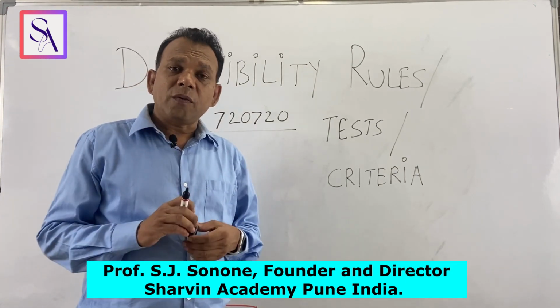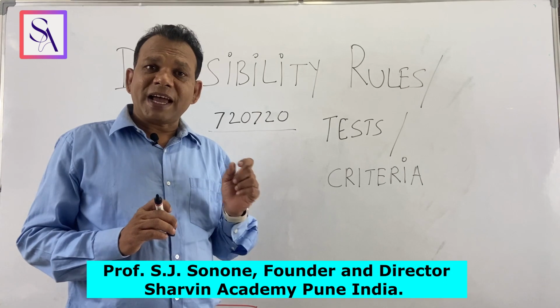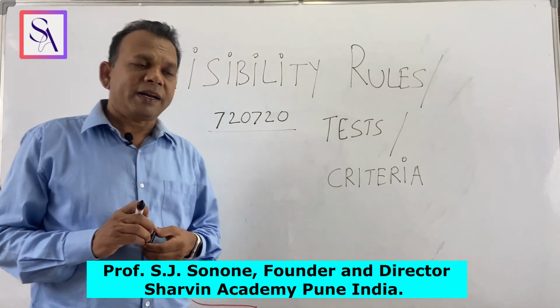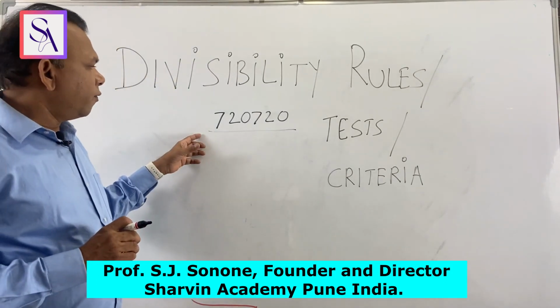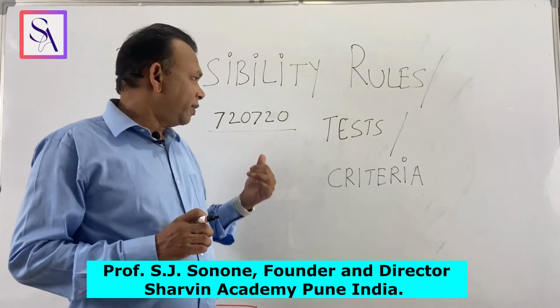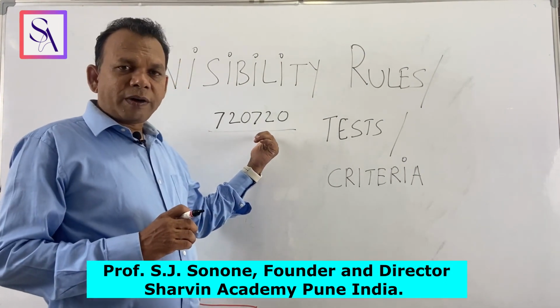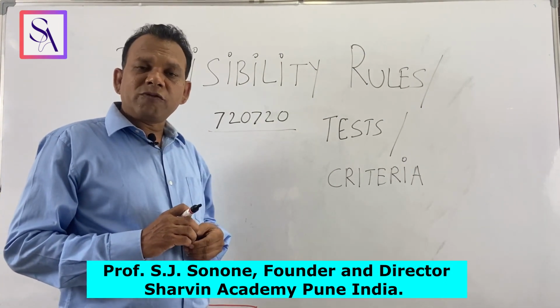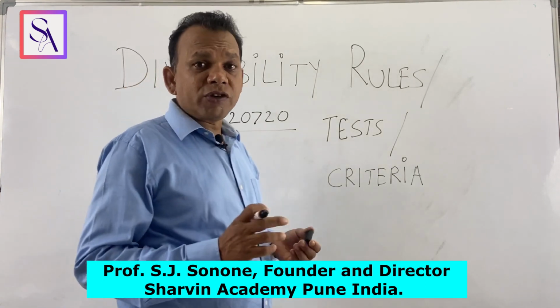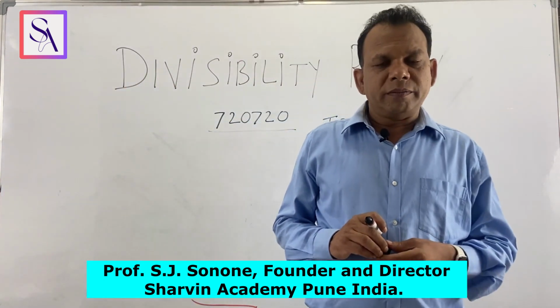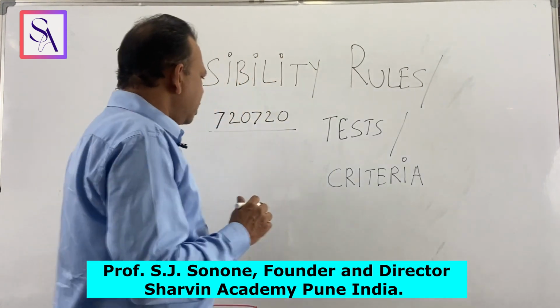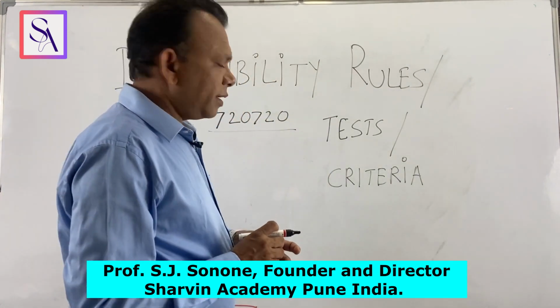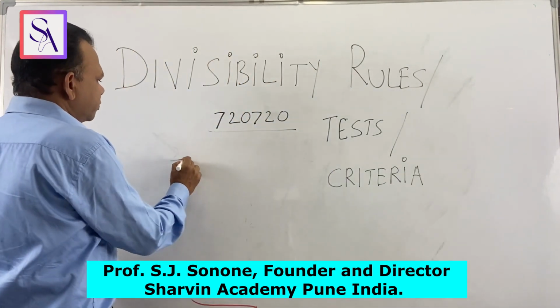Please listen to my words carefully. I am saying exactly divide. It means that when you find any number, if it divides this number 720, then remainder should be 0 and quotient should be a whole number. Example, I will give one number as a hint, 2.